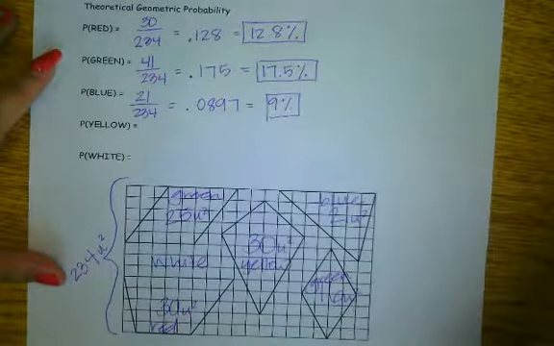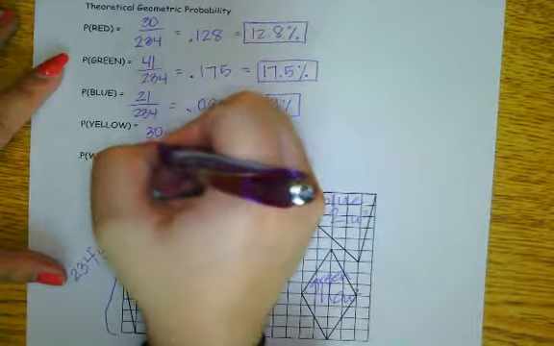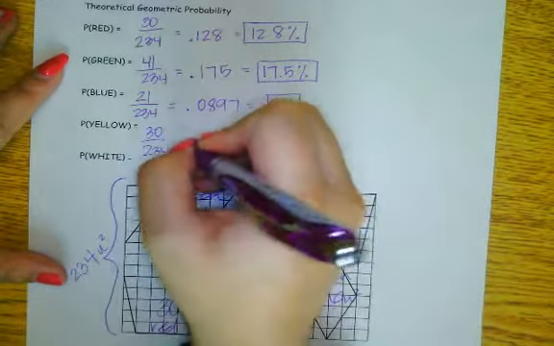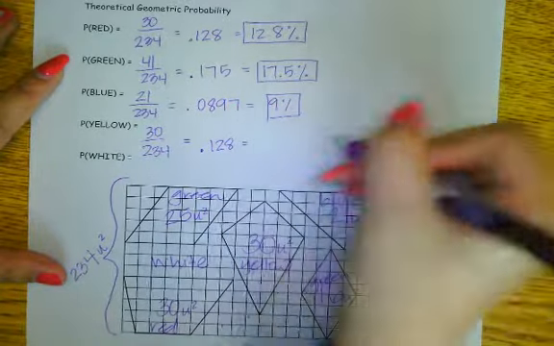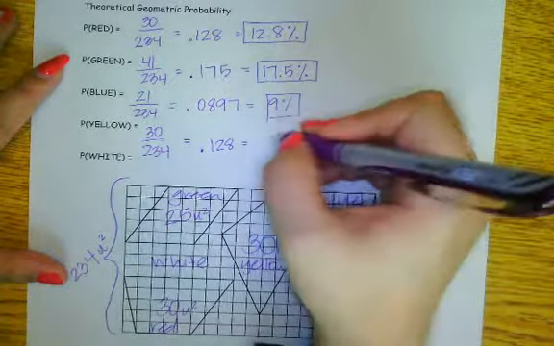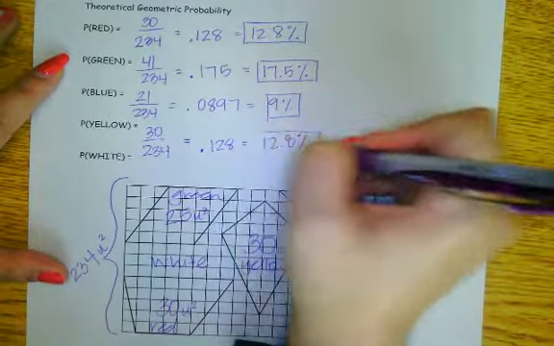Okay, yellow. Which equals what? Very good. We've already done this one before. And your percentage? 12.8%. And last but not least, white.